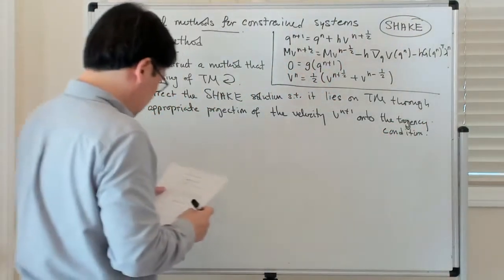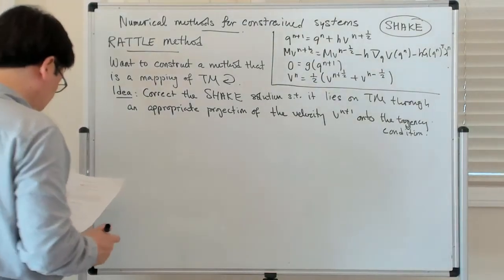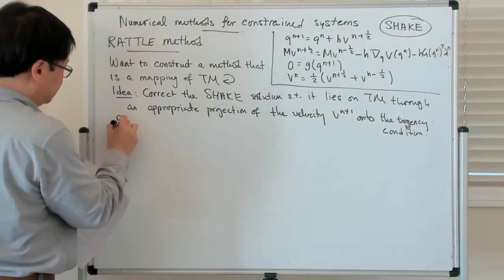Okay, and then the method you end up getting is what's called the RATTLE discretization.